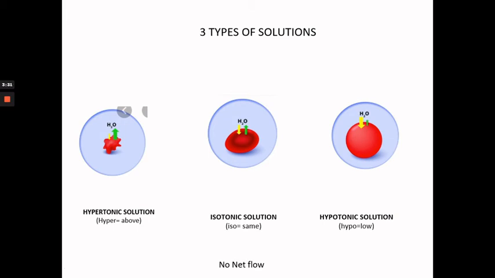And in this case, the concentration around the cell is lower compared to the concentration within the cell, and the water molecules will move from outside to inside. So you can see in this big yellow arrow showing that more water is moving into the cell, and in the animal cell, the cell can get bigger and eventually it will burst.